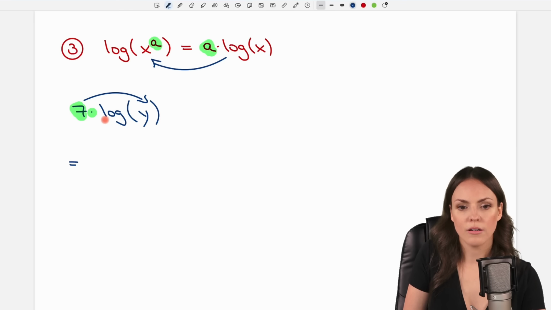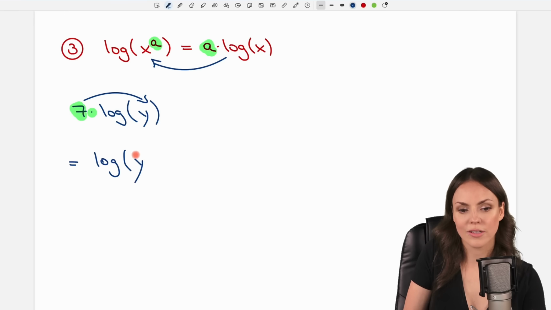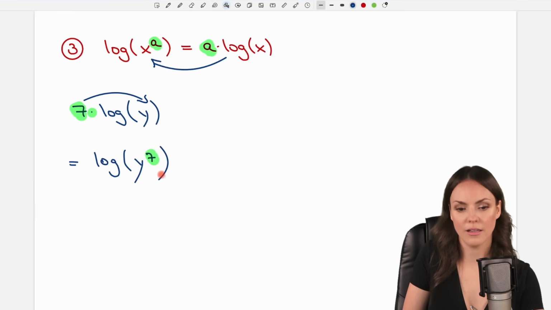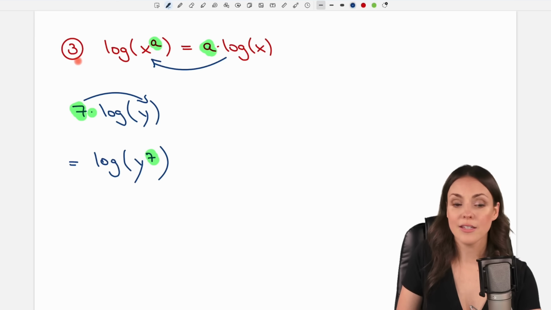So we are allowed to just write down the log of our base, of our y, and now we take the factor that was in front of my log, and this 7 is going to be my new exponent in my logarithm then. And this rule can be applied no matter how complicated this factor here looks.